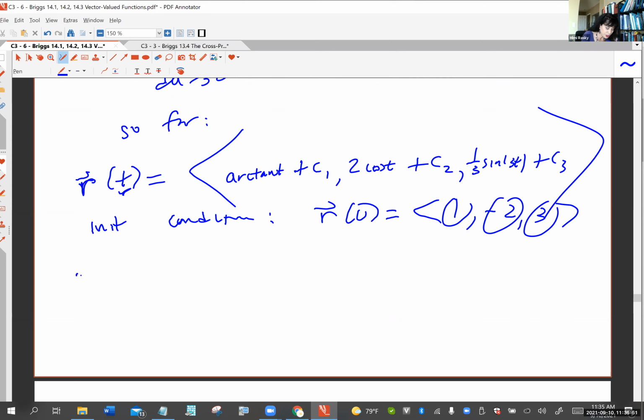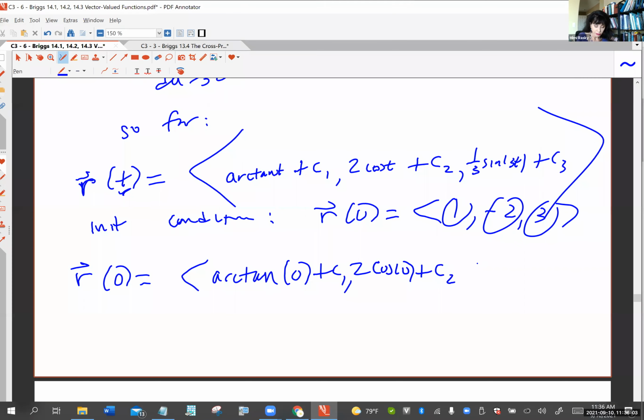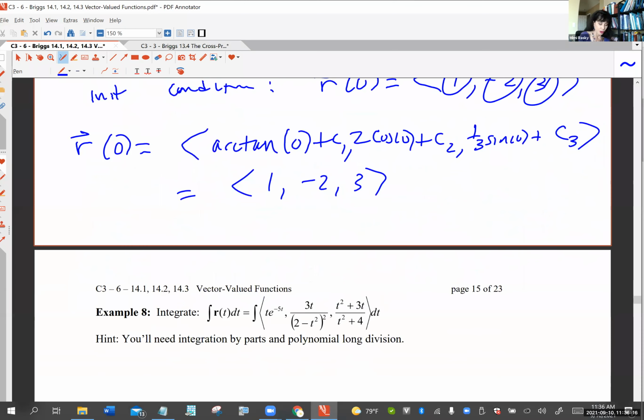When you substitute a 0 everywhere in place of your answer that you got so far, I want to see this step, like for realsies. Not hard. Just show me the intermediate step. You want that vector to equal the 1, -2, 3. Remember equality of vectors? So what does that mean? You can do equating components.